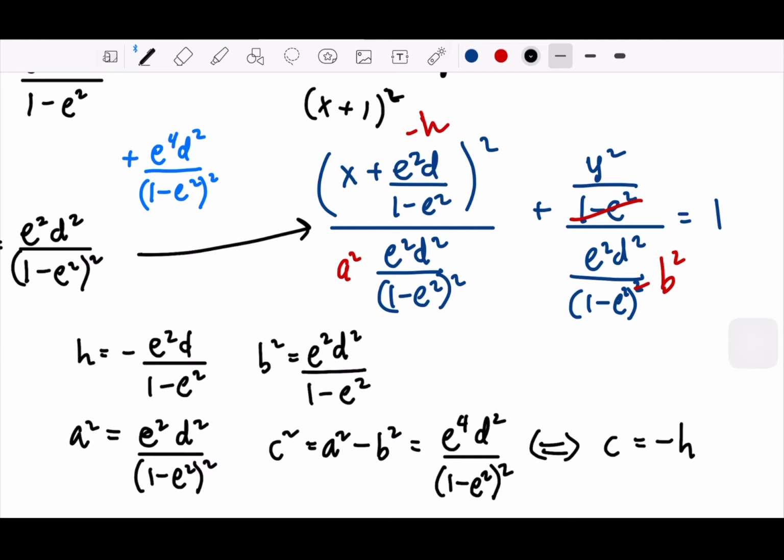So we can also write that e is c divided by a.